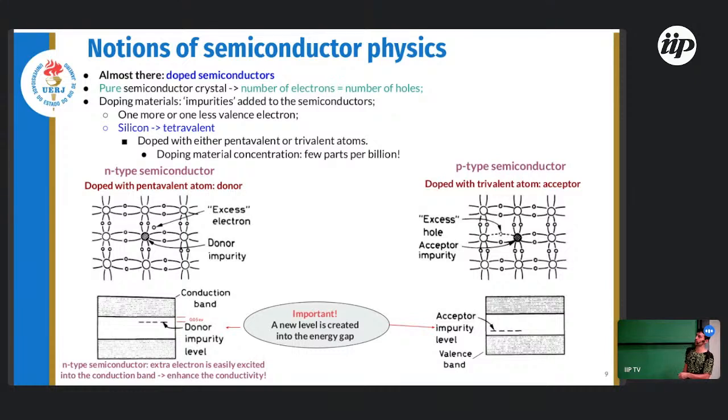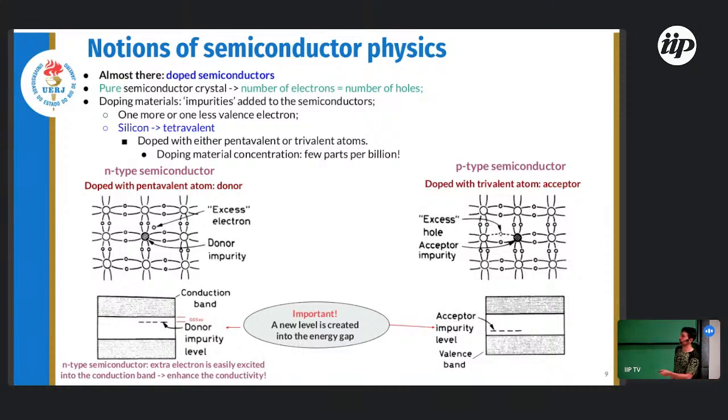The first one is the N-type semiconductor. In this case, we take a pentavalent atom, which has 1 electron in excess, and we put it inside the silicon. This causes an excess of electrons. That's why we call it N-type semiconductor, N for negative, right?